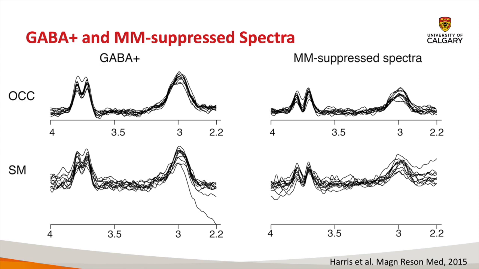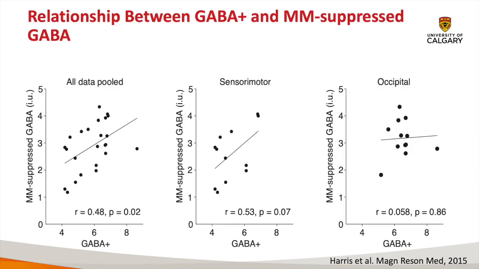So what does this mean in terms of the relationship between this GABA plus data and the suppressed GABA data? Here we're looking at that across those 12 subjects, and these plots show GABA plus on the x-axis and suppressed GABA on the y-axis. In the first plot on the left, we've pooled all the data together, and it shows a moderate correlation between suppressed GABA data and GABA plus, and it's significant.